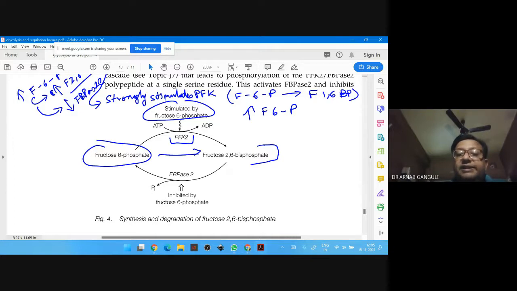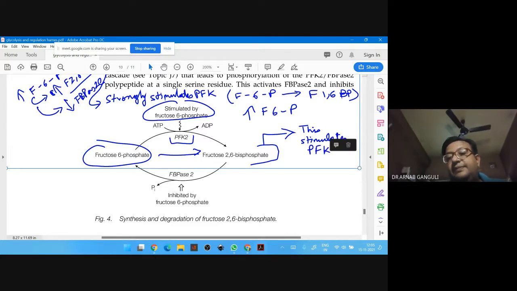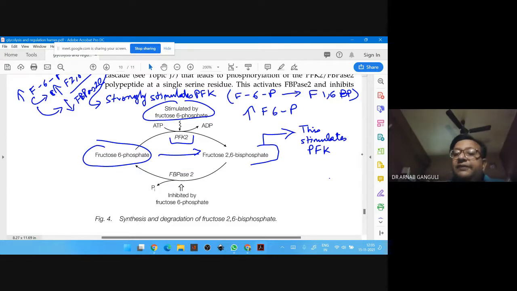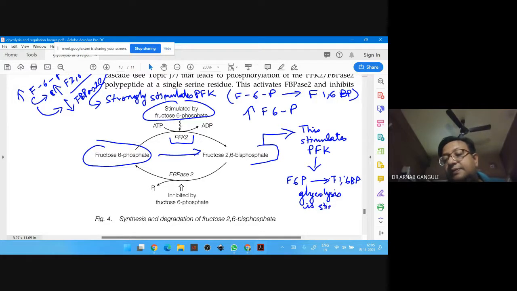And this stimulates PFK. After this stimulates PFK, more fructose 6 phosphate is converted to fructose 1,6 bisphosphate. And therefore, this means glycolysis is stimulated.